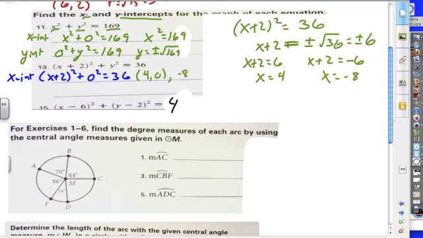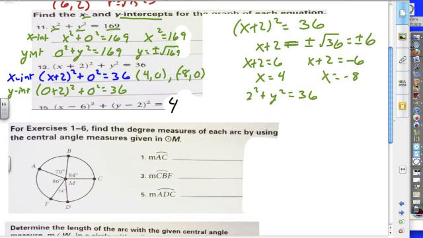Now what about my y-intercepts? My y-intercepts, I put a 0 in for the x. So if I put a 0 in for the x, I get this equation. Now if I solve that equation out, 0 plus 2 is 2. So I got 2 squared plus y squared equals 36. Well, 2 squared is 4.